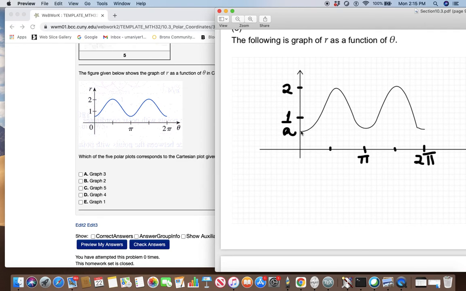Let's call it A. It goes until height 2, then comes down to A again, then goes up to height 2, comes down to A again. So the highest height you get is at pi over 2 and 3 pi over 2. Maximum distance is obtained at pi over 2 and 3 pi over 2. Minimum distance is arrived at 0 radians, pi radians and 2 pi radians.